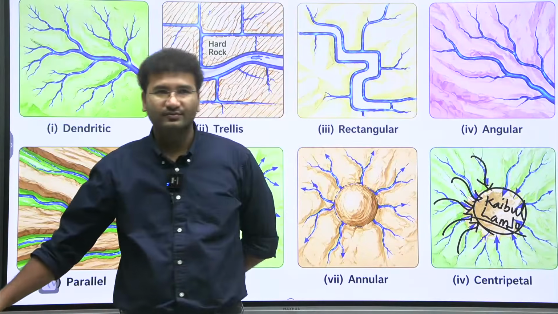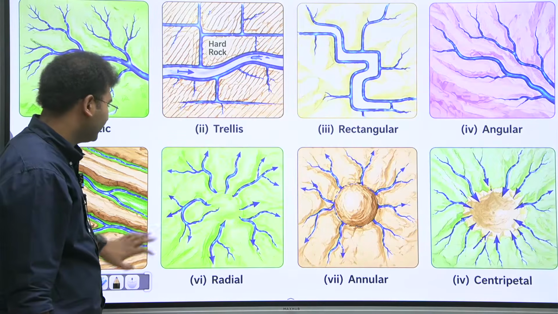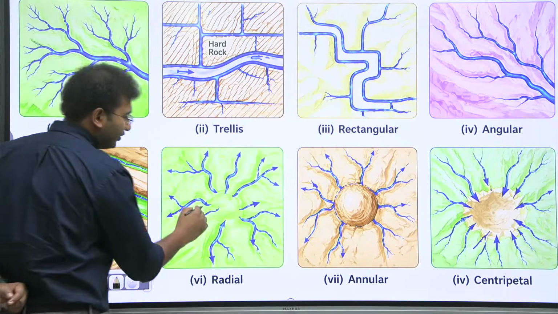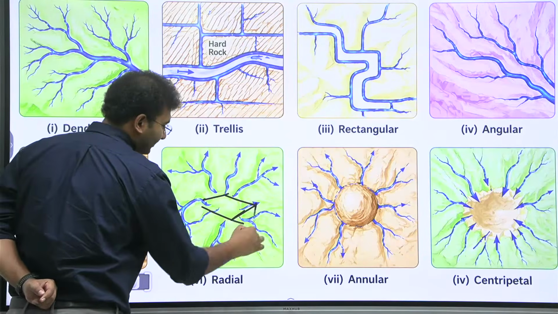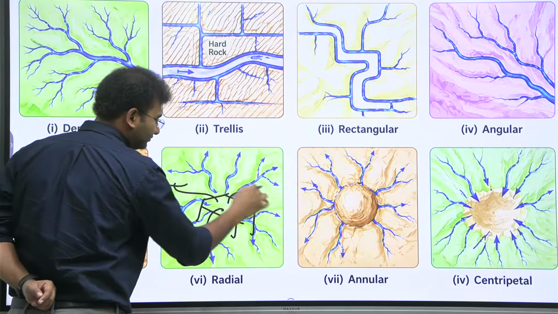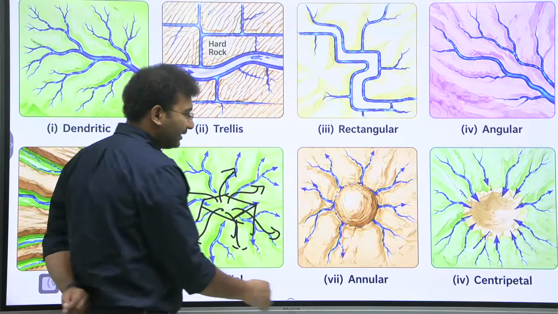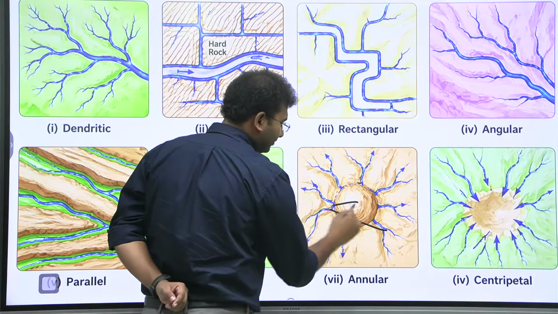Right? So let's try to understand each of this. Radial. Let's say you have a plateau. Can I say the rivers will move outward? Imagine you have a plateau.